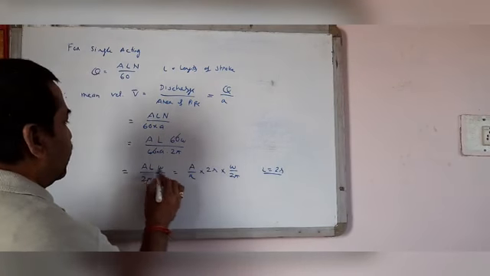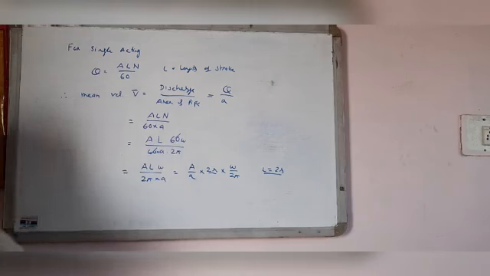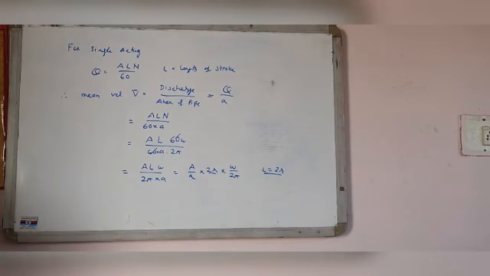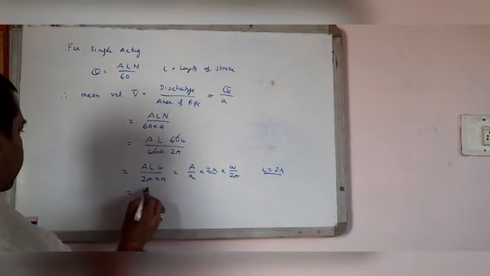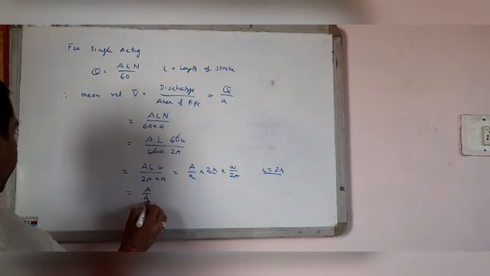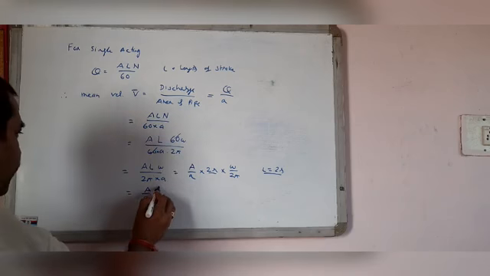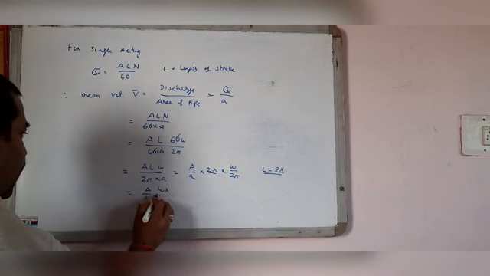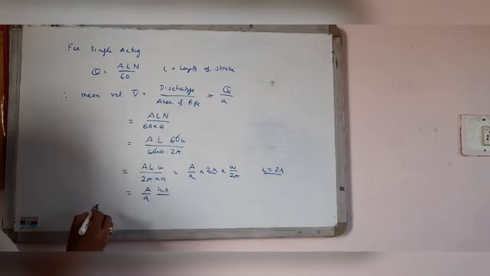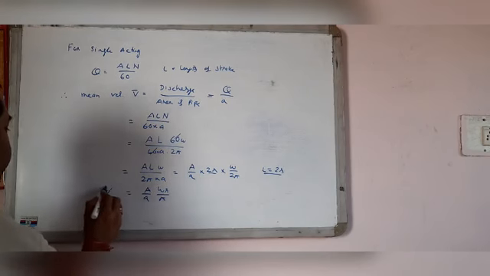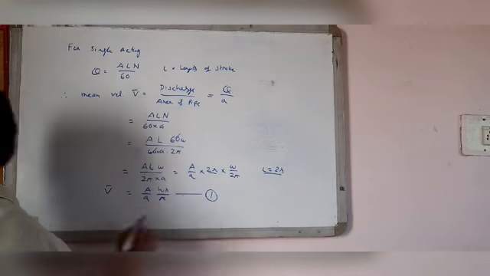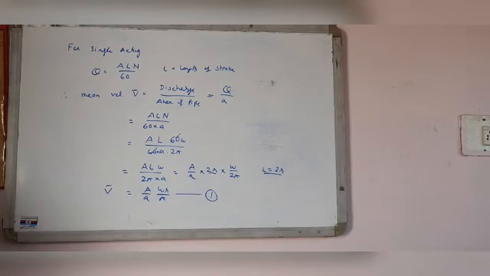We have put in this value here, L equal to 2R. So this is equal to A by A omega R by pi. This is the equation for V bar, equation 1.